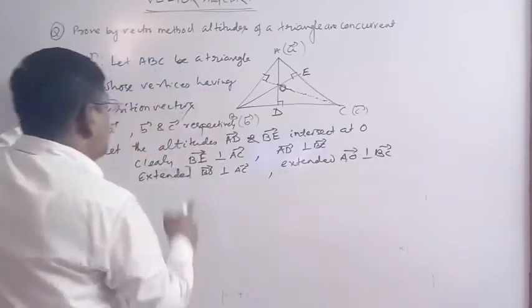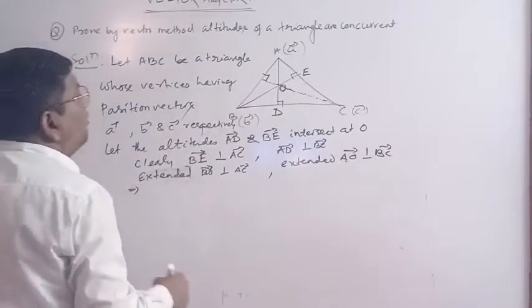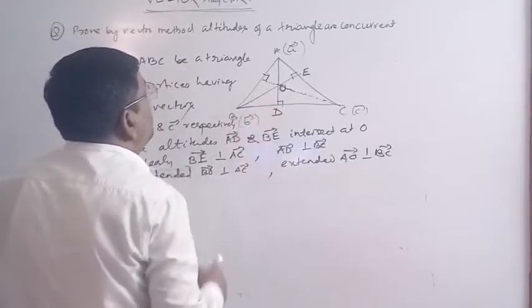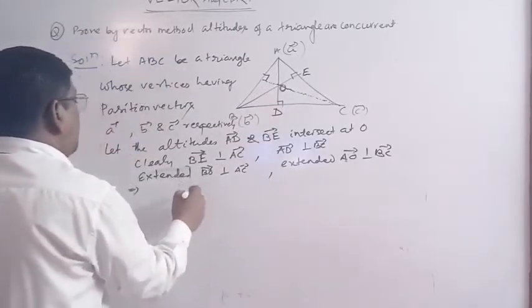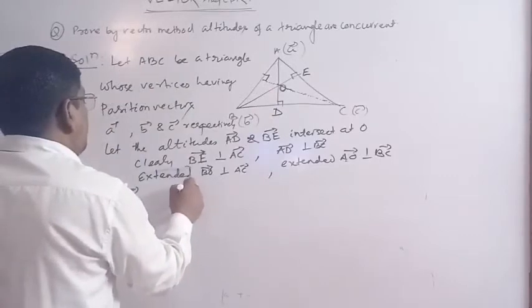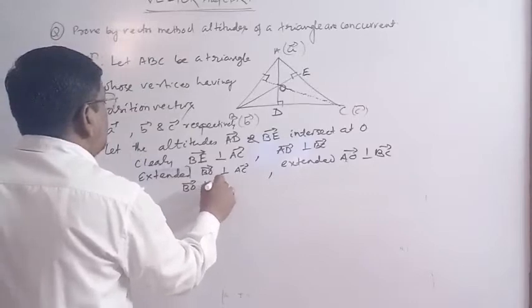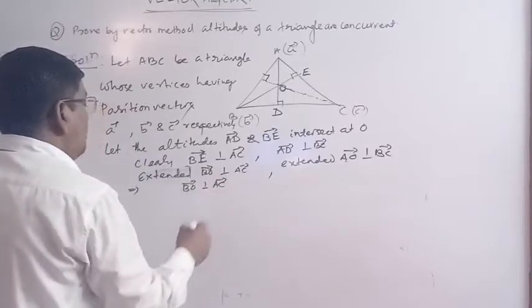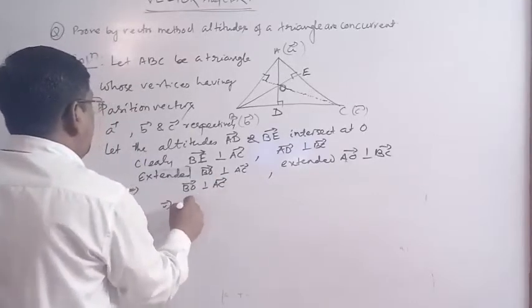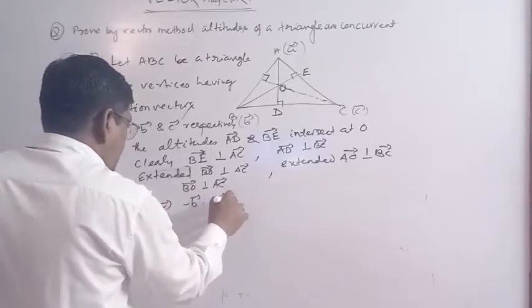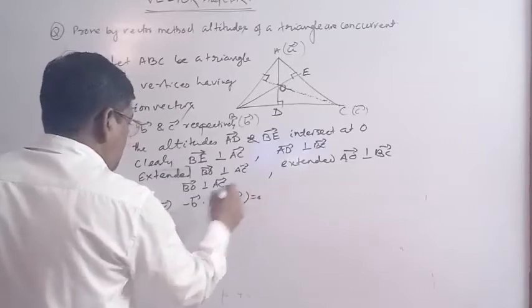Now from this data, what is the position vector of BO? Suppose this is B vector, so BO means minus B vector. BO vector is perpendicular to AC vector. That implies minus B dot C vector minus A vector is equal to 0.